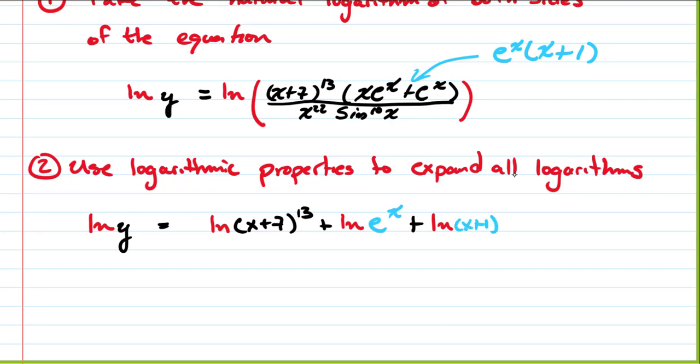And then for the ones in the denominator, the quotient rule says we subtract. So I'm going to get a logarithm of x to the 22nd power, and then minus another logarithm of sine to the 10th power.